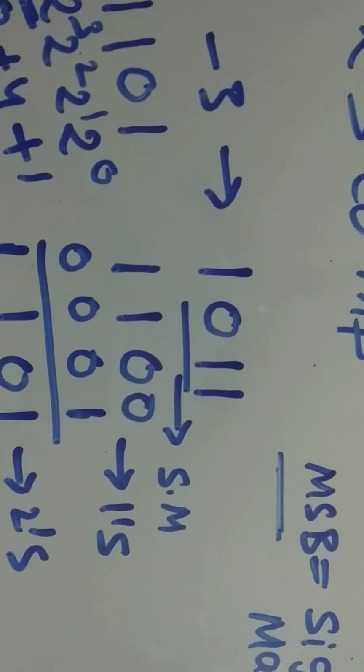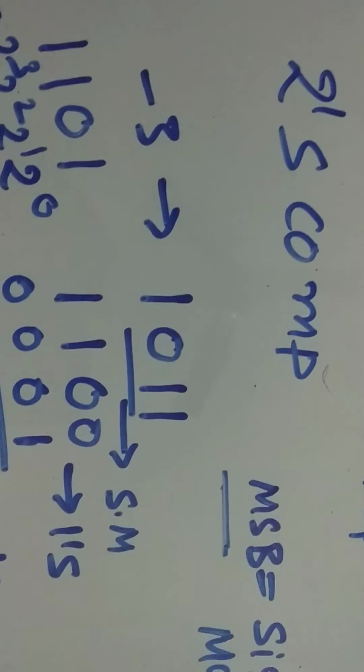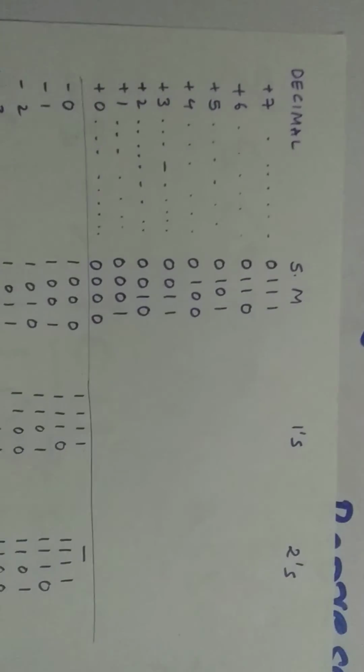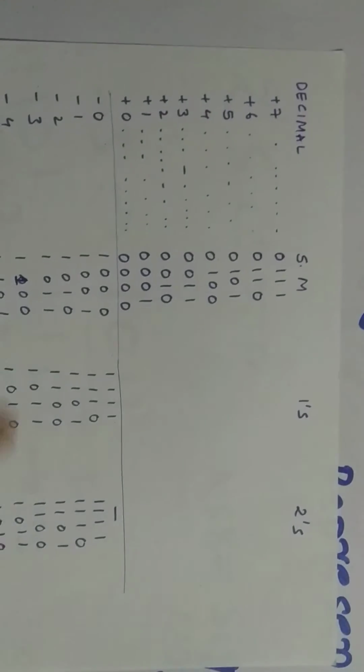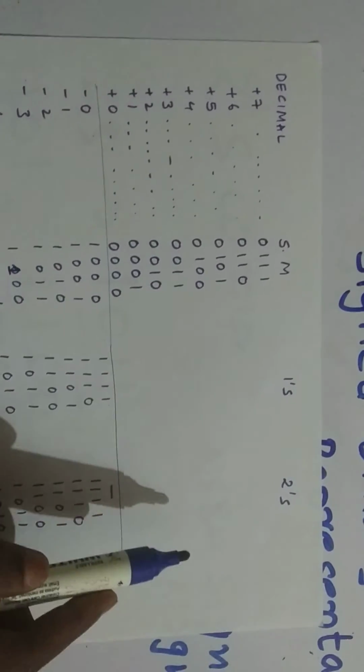Now I have a small comparison between all three signed binary representations. As you can see, in sign magnitude, 1's complement and 2's complement form, the positive numbers have no change. In negative numbers, we have a change.